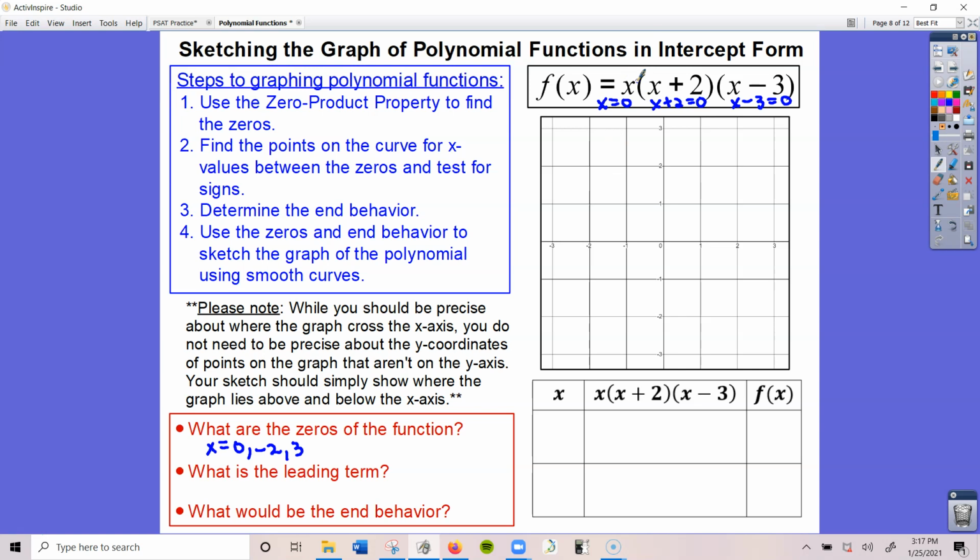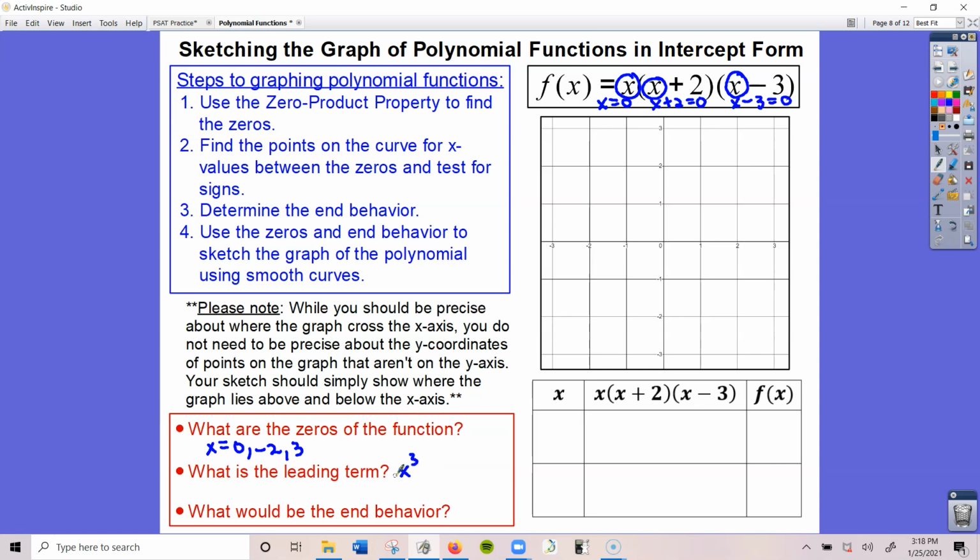That shortcut would be to multiply the leading term of each factor together, meaning all of those x's. So I would multiply x times x times x, which is x to the third, and that is my leading term. So that's a little bit easier than having to multiply everything out.